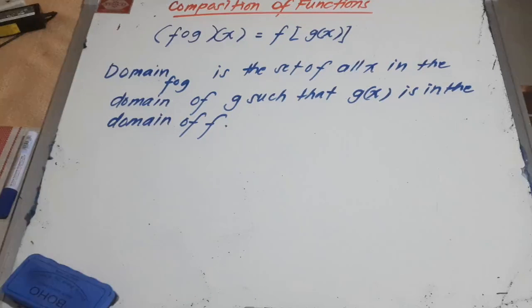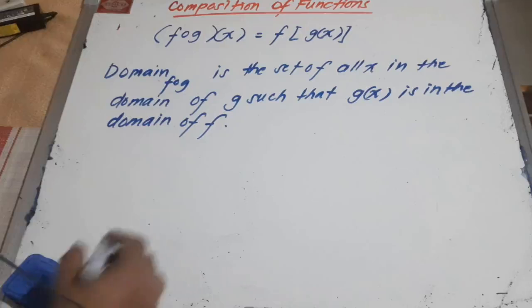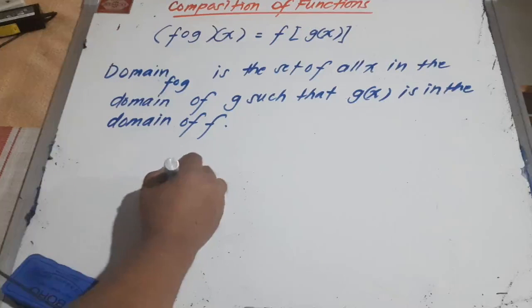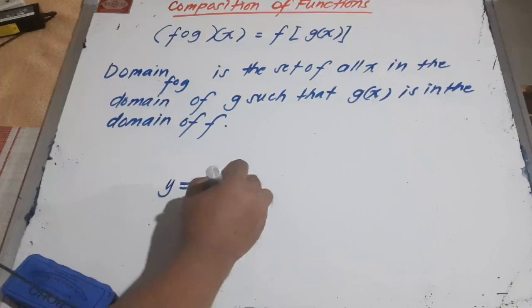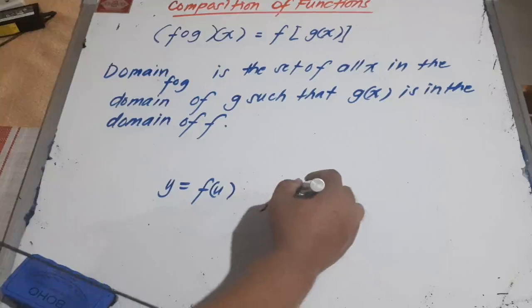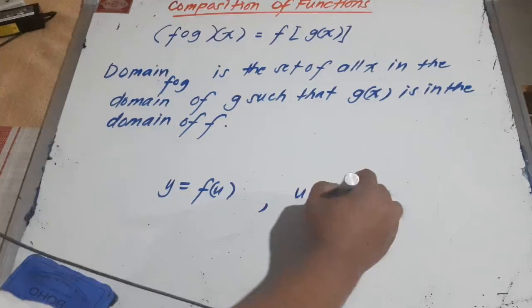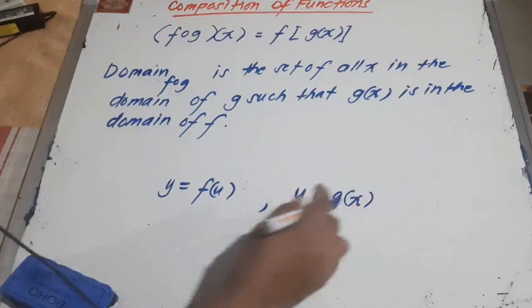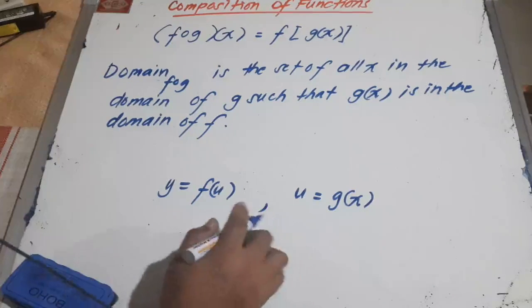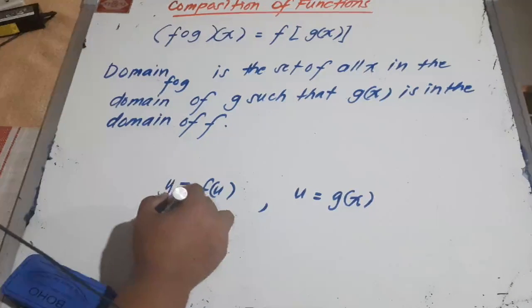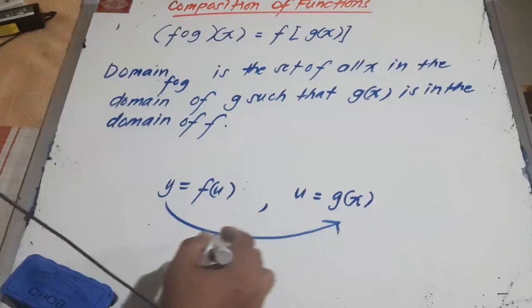Okay? Paano ba nagkakaroon ng composite function? If we have here y is related to u, or y is a function of u, and then another function u is related to x. So dito nagkakaroon ng function if we want to have a relationship between y and x.